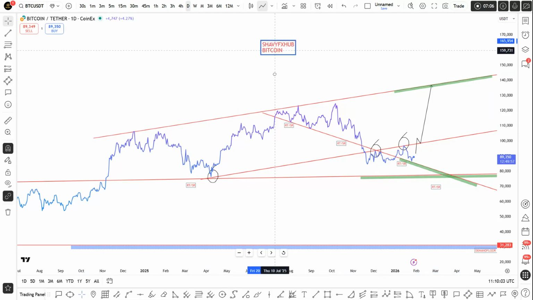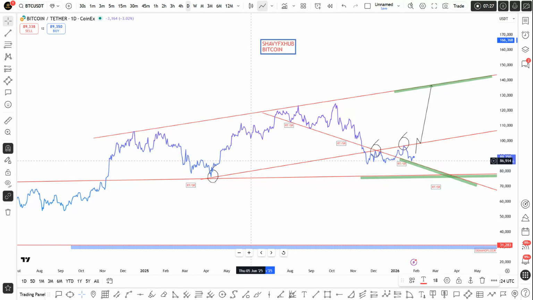No one can actually tell what the market wants to do, but the most important thing is to follow the structure of the market. So this is what I see technically. This is technically what the market is saying.